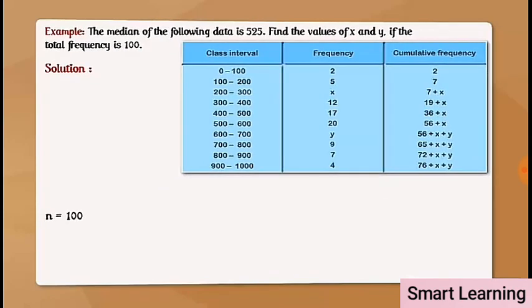It is given that n is equal to 100. So, 76 plus x plus y is equal to 100, that is, x plus y is equal to 24. Let it be equation 1.